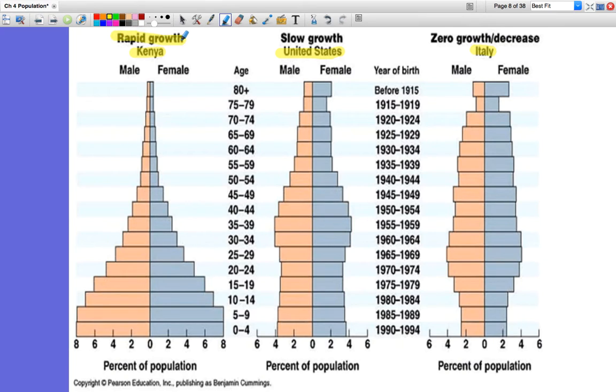currently, and as the individuals who are ages 0 to 9 and 14 age, they will join the population group up here, and there will be a much larger population in the reproductive ages, whereas in the United States we have, again, a more even distribution in our age groups up until about age 70.